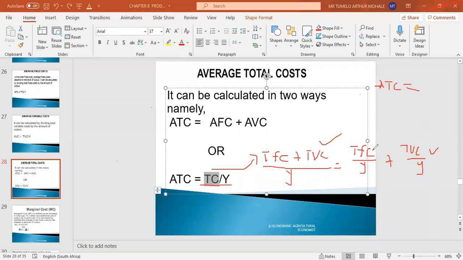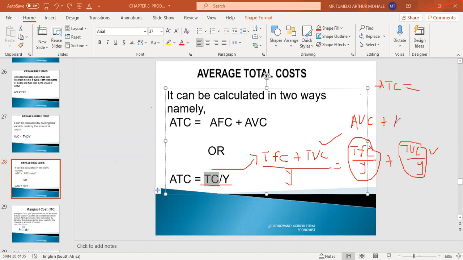Thank you. But we have established before that TFC over Y is what? Average fixed cost. Plus, we have also established before that TVC over Y is what?